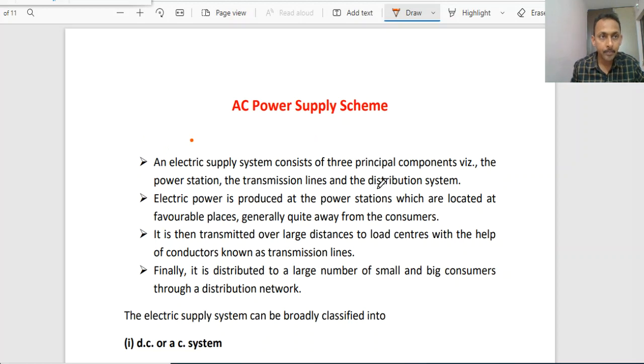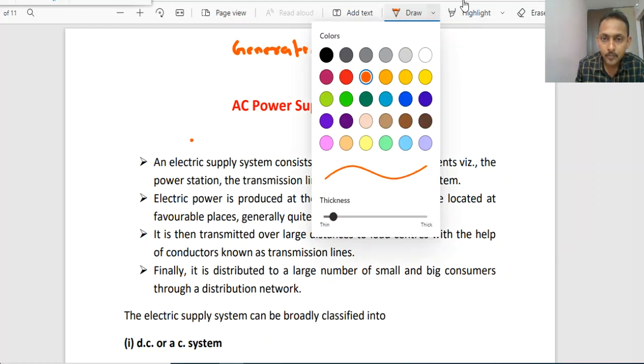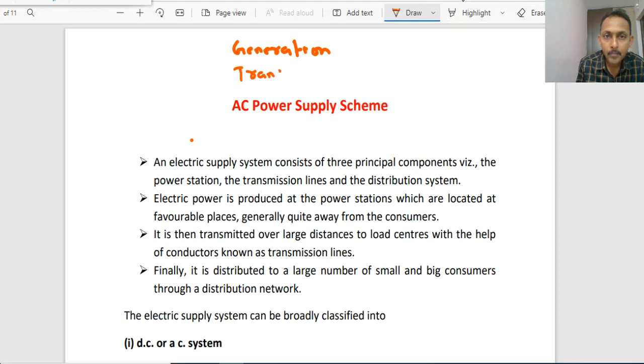So here the three major components with respect to electrical power are: one is the generation, second one is the transmission, and the last one is the distribution.